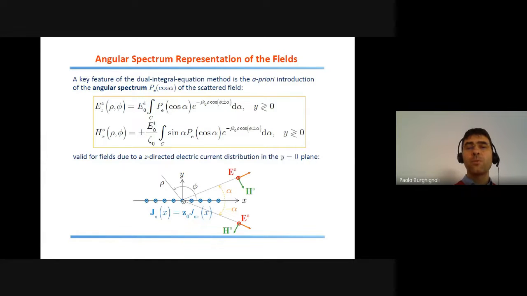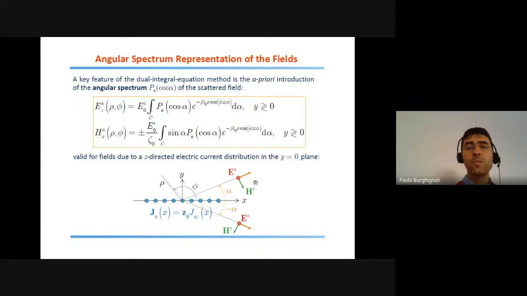And in particular, if you consider a single plane wave that goes along the angle alpha or minus alpha, the situation for the fields is the one depicted here, in which the electric field is parallel to the z-axis, and it's represented in red, whereas the magnetic field lies in the xy plane.